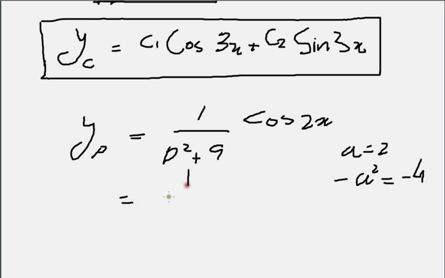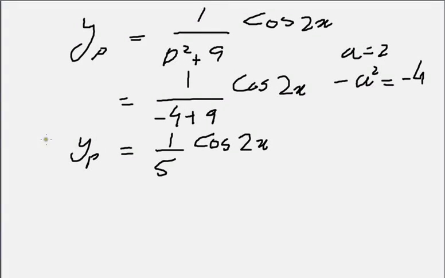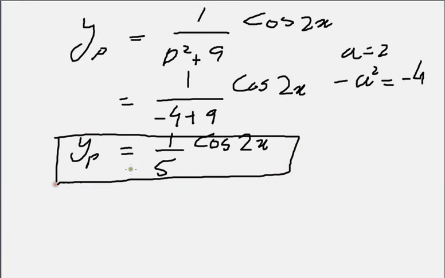Let's replace it: 1 over -4 plus 9 cos 2x equals to 1 over 5 cos 2x. Now our yp equals to 1 over 5 cos 2x. This is our particular integral.